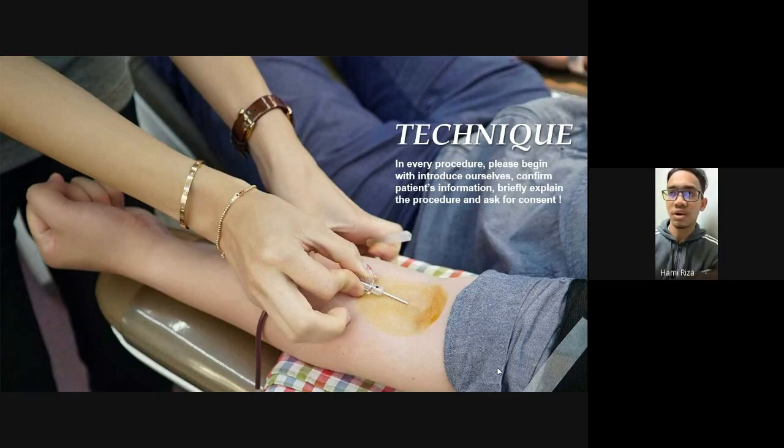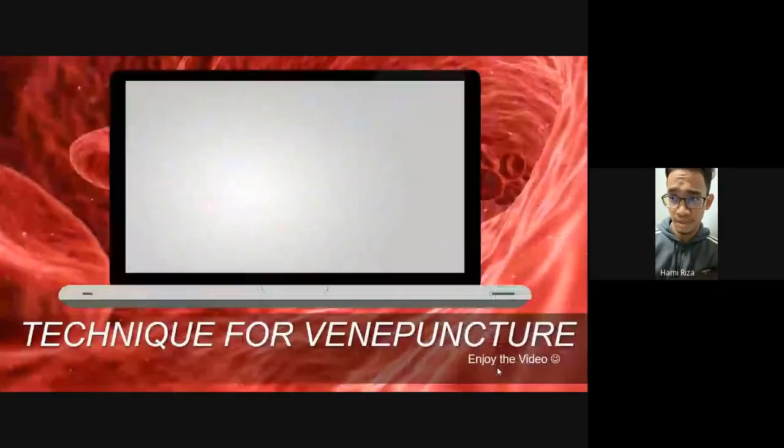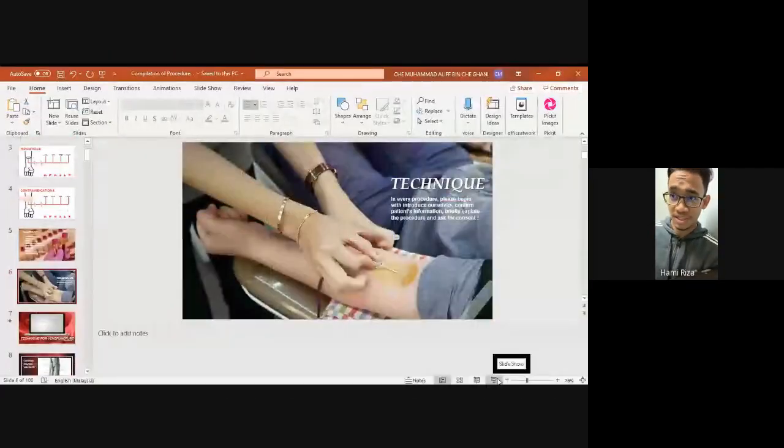The technique for appropriate and proper venipuncture involves introduction, preparing all the equipment, choosing the arm and vein for injection, and injection of the needle. But I'm sure you will be tired and bored of listening to my explanation. Therefore, I provide a video for you to appreciate the technique for venipuncture. So please enjoy the video.